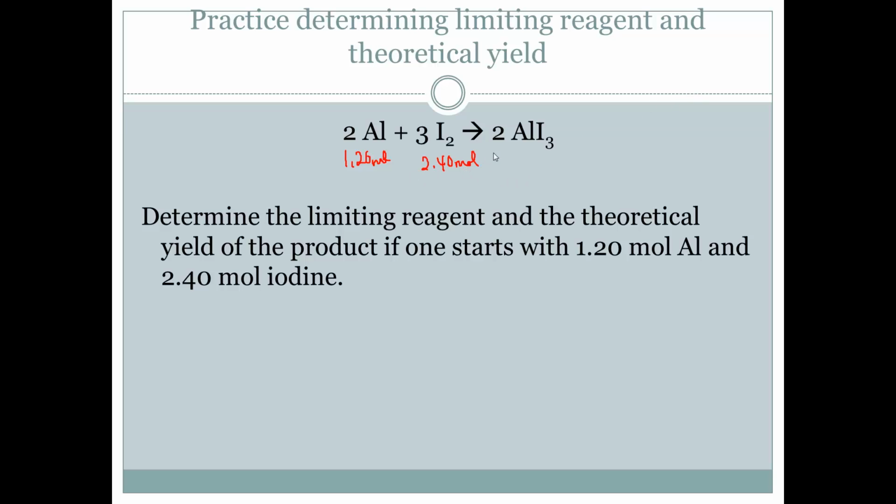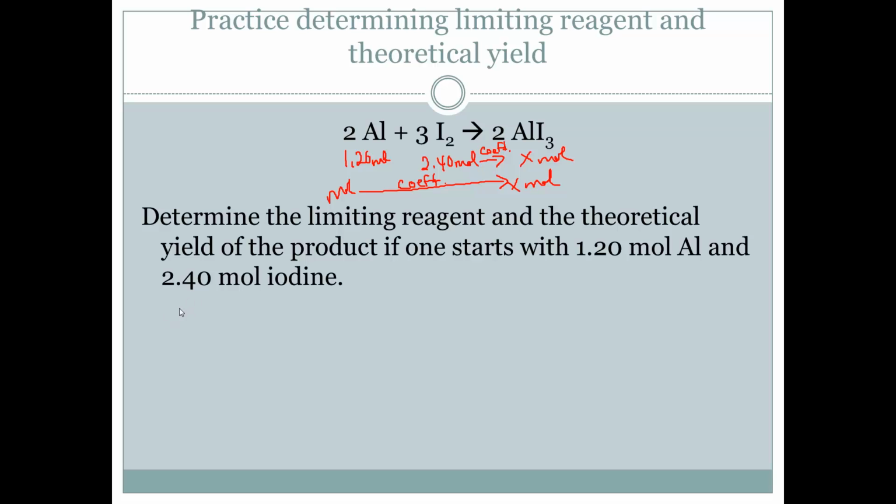You'll have one step going from iodine to AlI3, and you'll have aluminum going to AlI3. So you're going to have two different questions in the same problem. Remember, moles are the end caps of the horizontal line, and the coefficients are the conversion factors to go from one to the other. We talked about that in the previous tutorial.